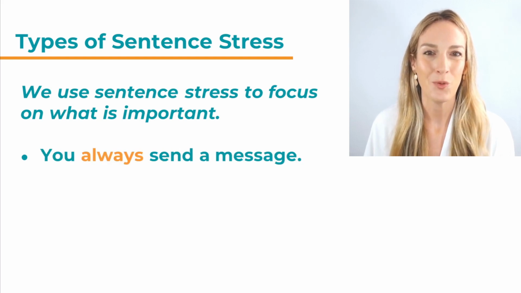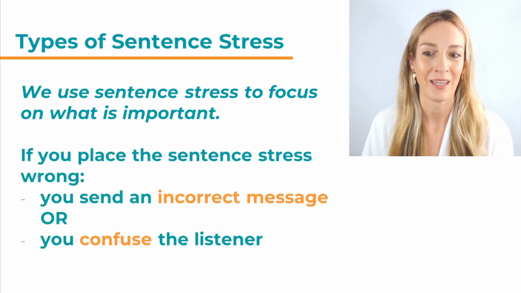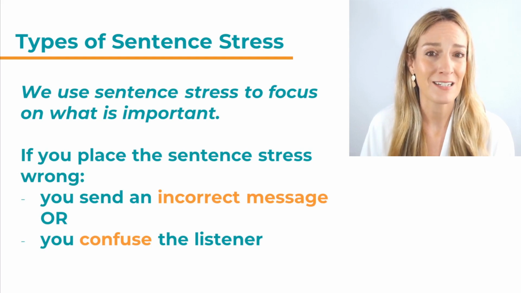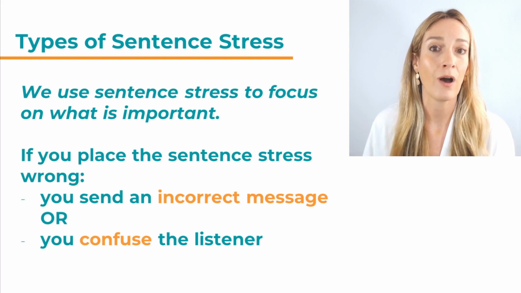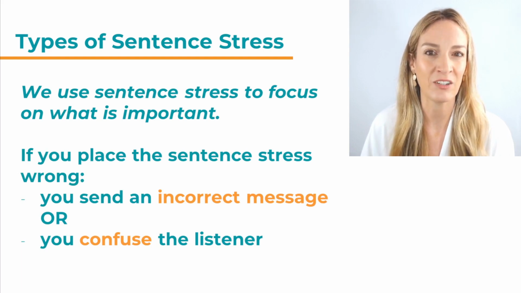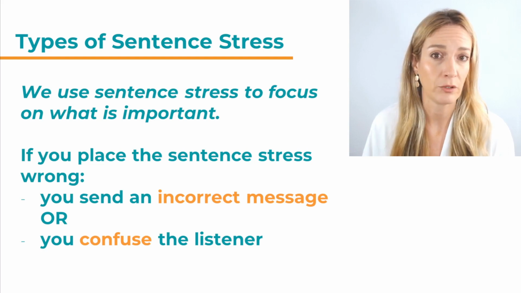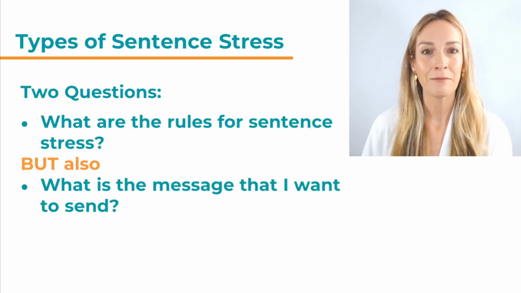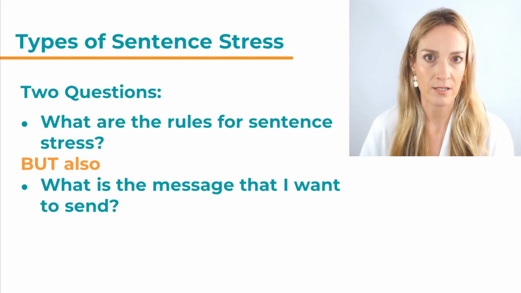Now, you always send a message, and this is really important to remember. And so, what can happen if you place the sentence stress incorrectly? Now, that usually means that you either send an incorrect message or you confuse your listener. Probably both, unfortunately.